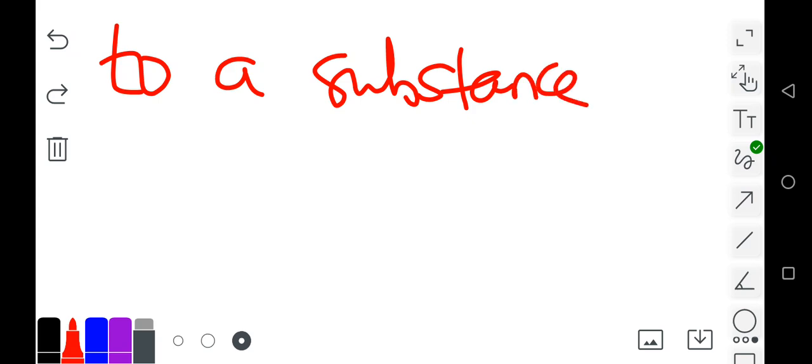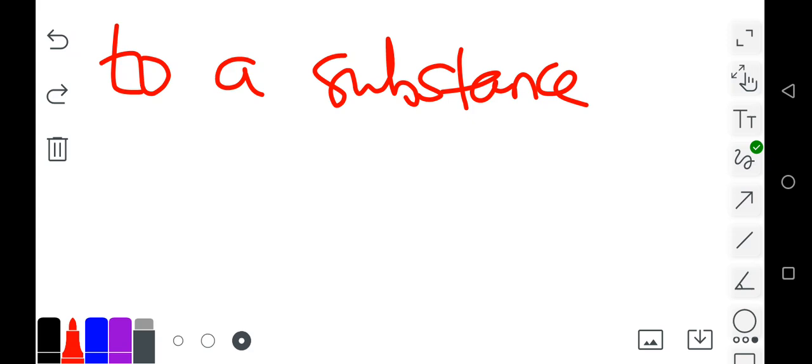The addition of oxygen to a substance is what we call oxidation. Okay. Now, what about reduction? But before I get to reduction, let us see more about the example.